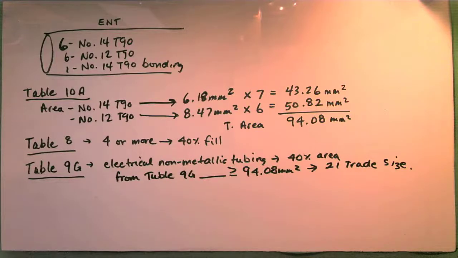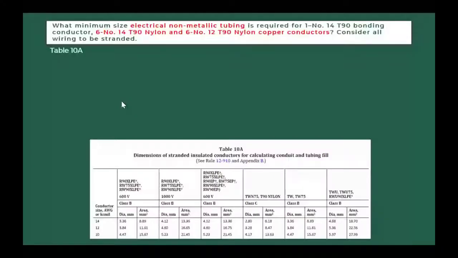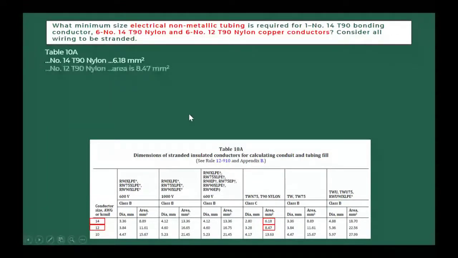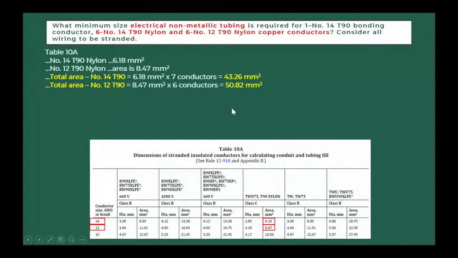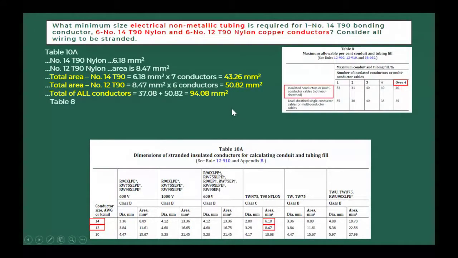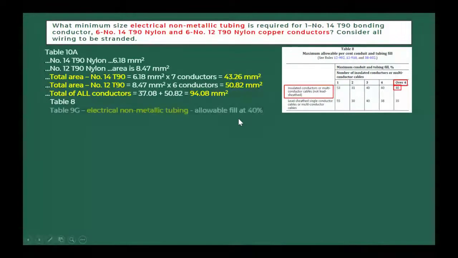Okay, so let's go back to the PowerPoint. So 10A, find the area of your number 12 and your number 14s. Multiply it out by the number of conductors there are of the same. 94.08. I go to table 8, again, kind of a waste of time, like anything 3 or more inside of a pipe is 40% fill.